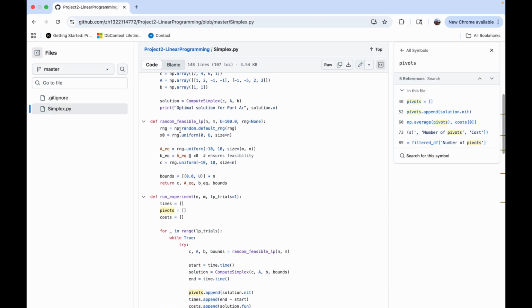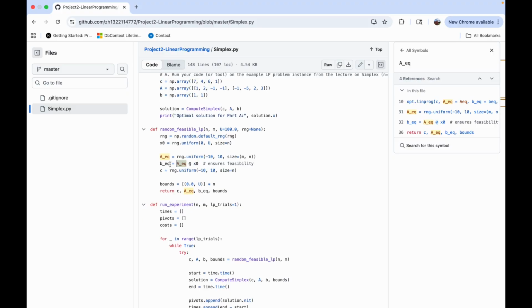We also have a function called random feasible LP. This guarantees that we always return a feasible LP problem because we generate our X0 randomly, but our BEQ is directly calculated from a matrix multiplication of AEQ and X0.